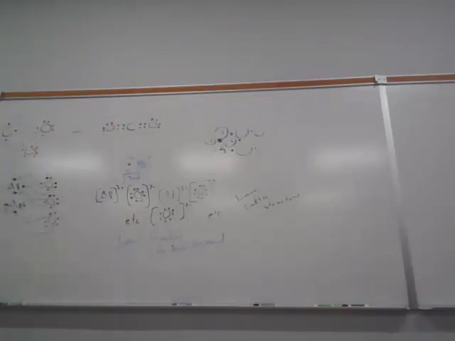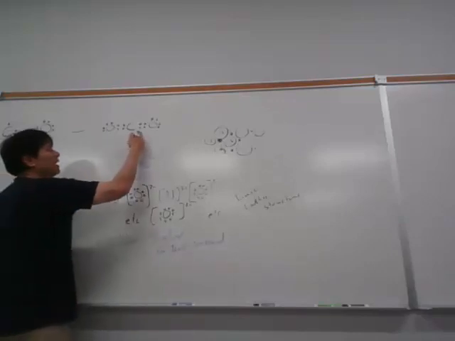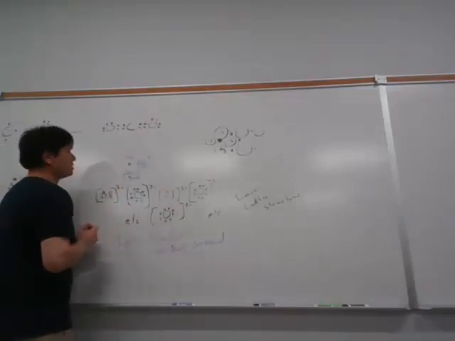Now, what we want is an octet, because that's the greatest cost versus benefit. There are different ways to get an octet. For example, here, oxygen gets an octet by taking the electrons. Here, oxygen's going to get an octet by not taking the electrons.